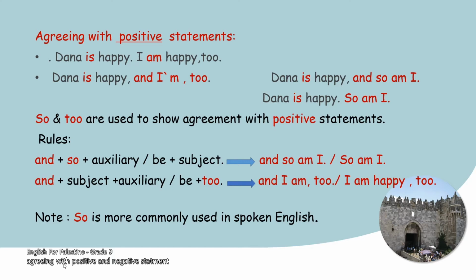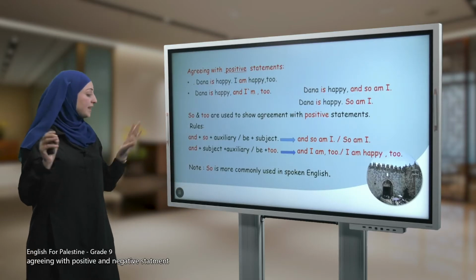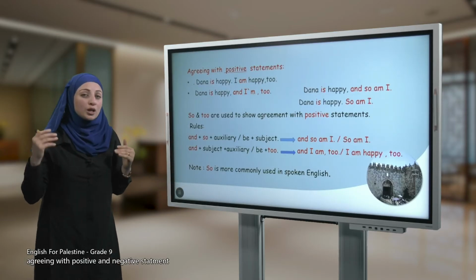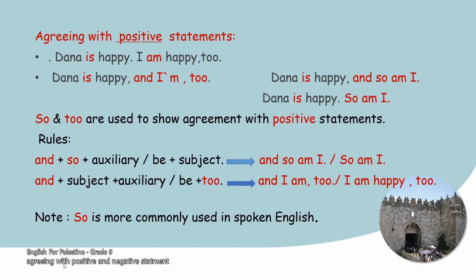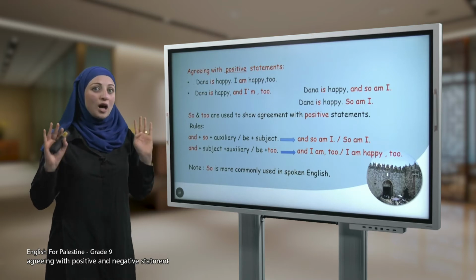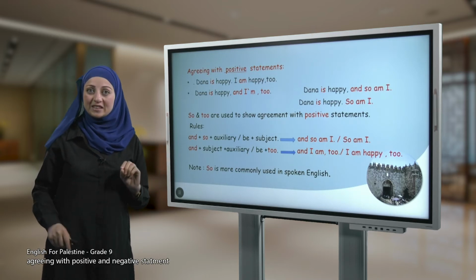How can I agree? I can use and I am too, or I can delete and and then I will say, I am happy too. Note here that so is more common in spoken English, so we use it more. That's all about agreeing with positive statements.